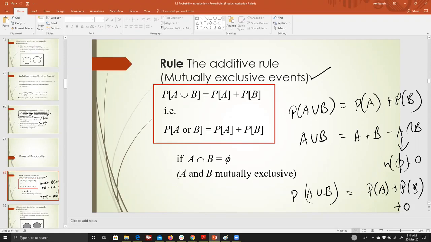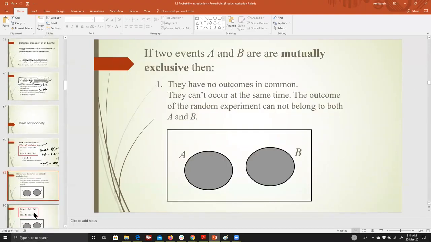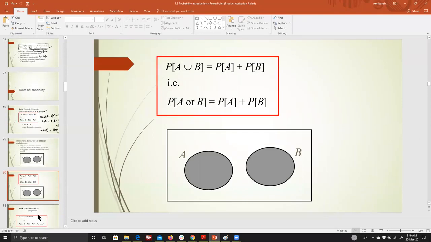Oh, sorry. My bad. This one is the correct slide. So simple. What we are really asking is A union B. So what was the definition of union? Common elements between A and B, occurring in both. Yeah, common elements.